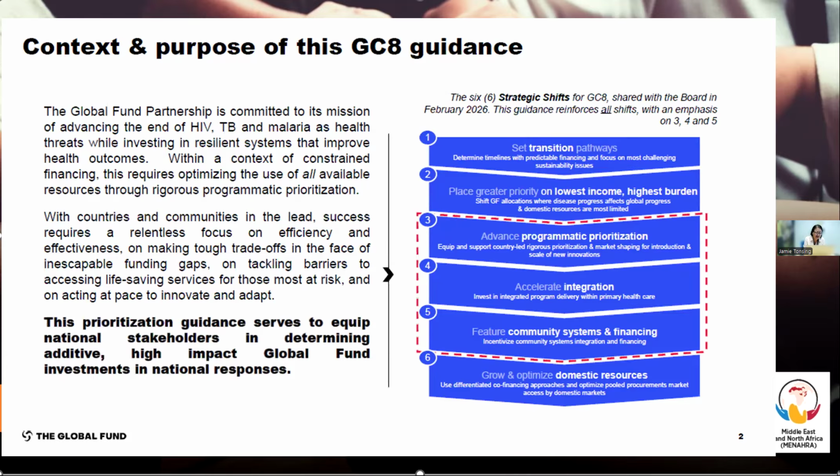The third angle is reaching out to community systems and financing for them, making sure these are available. You may have the best tools and interventions, but if they don't reach the people who need them the most, then it doesn't make any sense. So these three are the priorities for funding request development as we move forward.